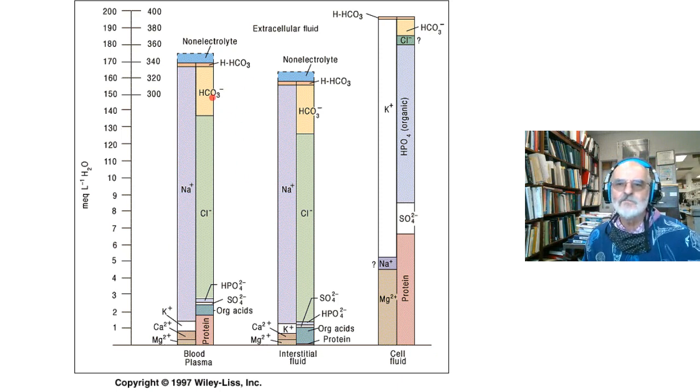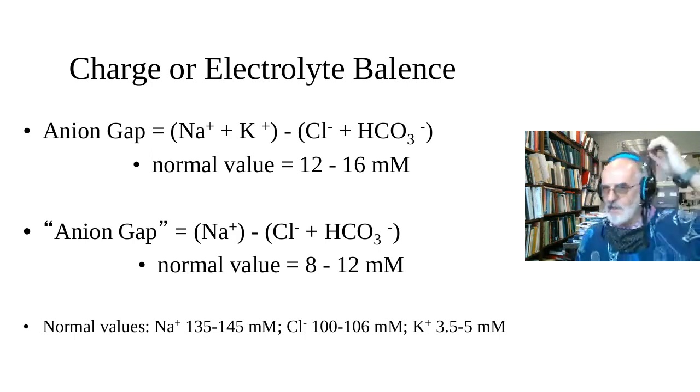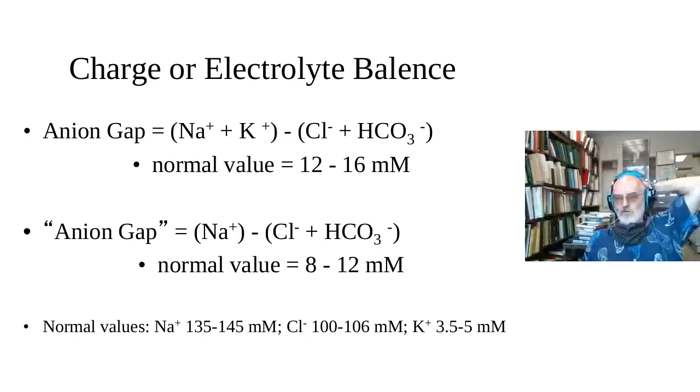If the bicarb concentration changes, that will show up in this balance, and that's shown here. Normally, when we do a blood gas and we make measurements on our blood, we add up the total sodium and potassium, and we compare it to the chloride and the bicarb.